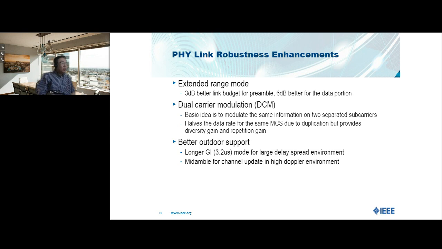11ax also introduced a new modulation called dual carrier modulation, acronym DCM. The basic idea, based on the name, is the dual carrier. Basically, it duplicates the same information on two separate subcarriers. From this duplication, you essentially halve the data rate for the same MCS.